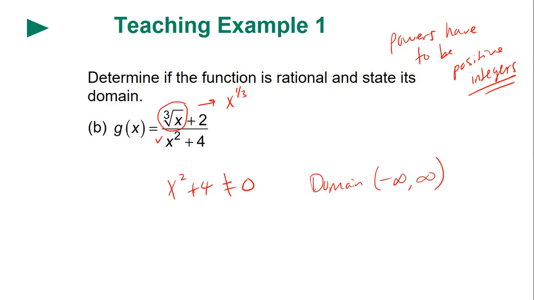It could be -4, right? But because of that square, it prevents me from cancelling out and equaling 0. So the answer is no, it's not rational. But here is the domain. The domain goes forever to the left and forever to the right. What the shape is doing is on its own.